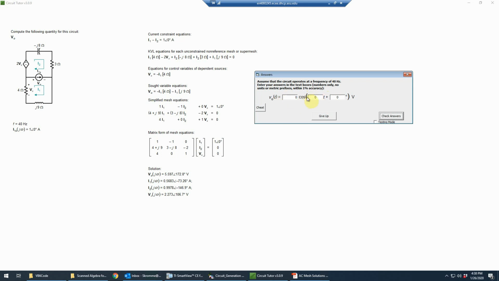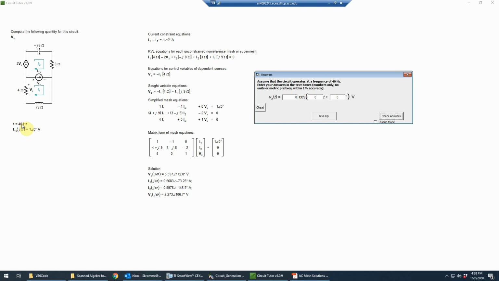So that has to always be omega, because omega, by definition, is what multiplies t in the argument of a cosine or sine. So here we're actually not given omega, we're given f. We're given f as being 40 hertz. And hertz, remember, is a cycle per second, not a radian per second. So we need to multiply this times the number of radians in a cycle, which is 2 pi.